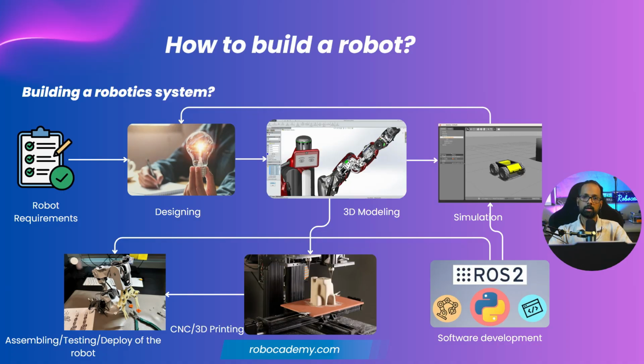There are multiple purposes for doing this 3D modeling. The 3D model is a virtual model, right? Using it, we can do prototyping. We can use these 3D parts and do the 3D printing for building this robot.